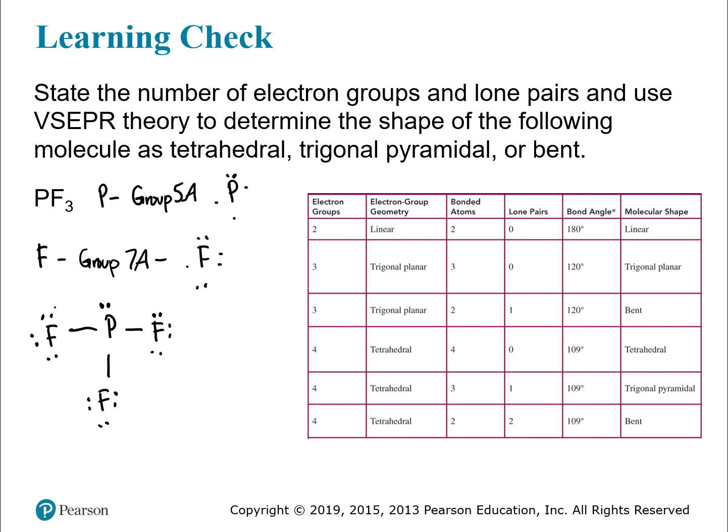So for the question, we've got to determine the number of electron groups and lone pairs. So we've got 4 electron groups. One of those is a lone pair, which means that we have 3 bonded pairs.